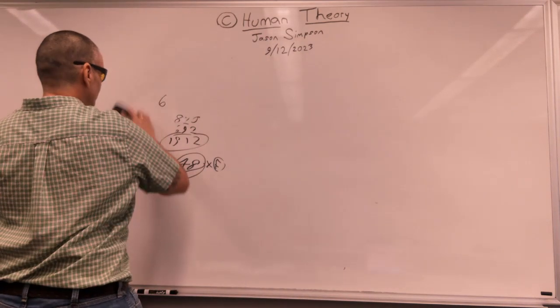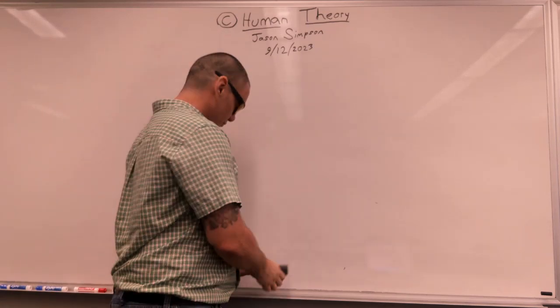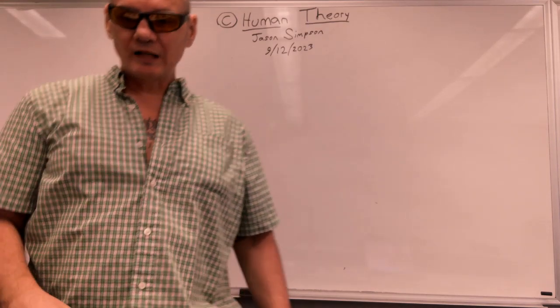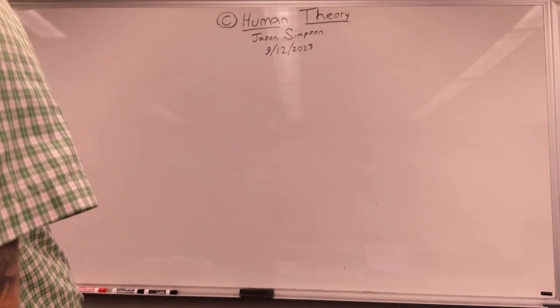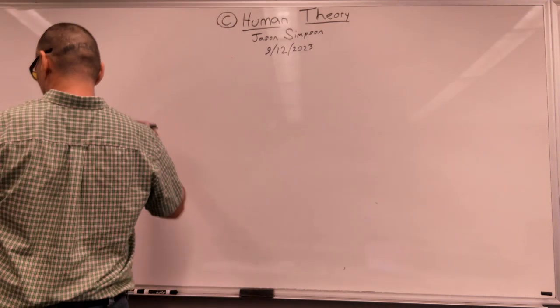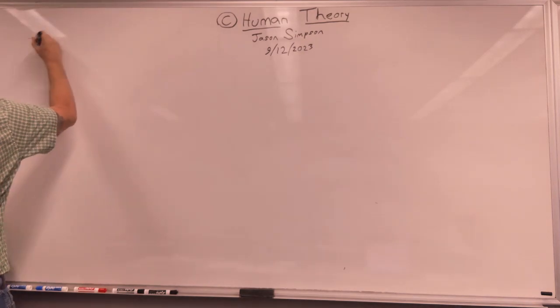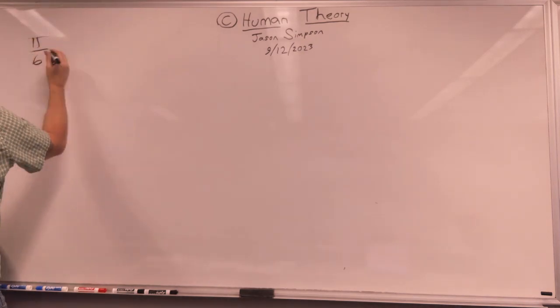And once again, we're going to look where symmetry breaks. And we're going to divide pi by 6.